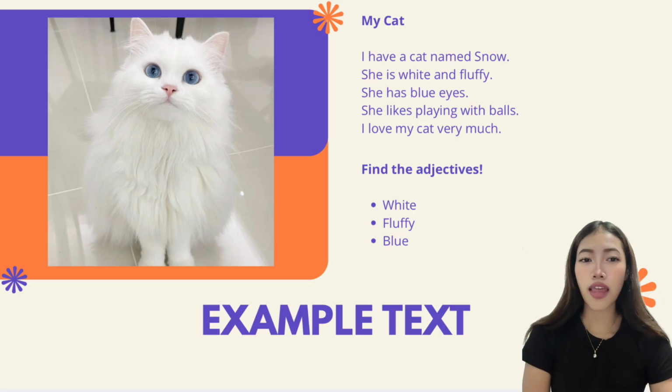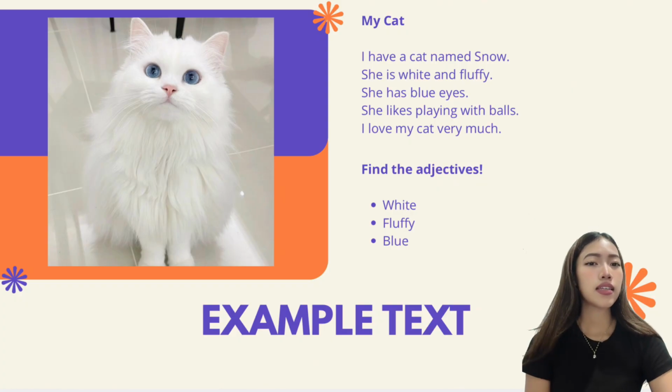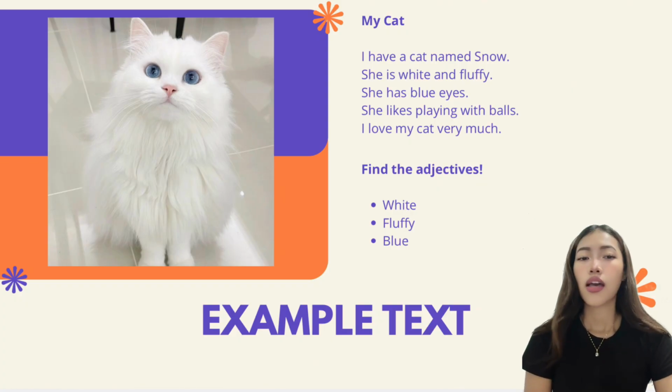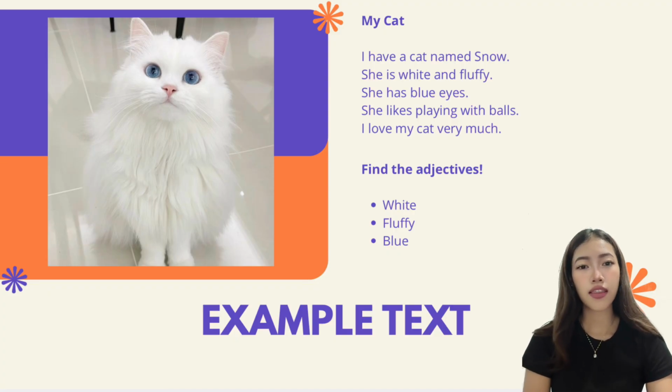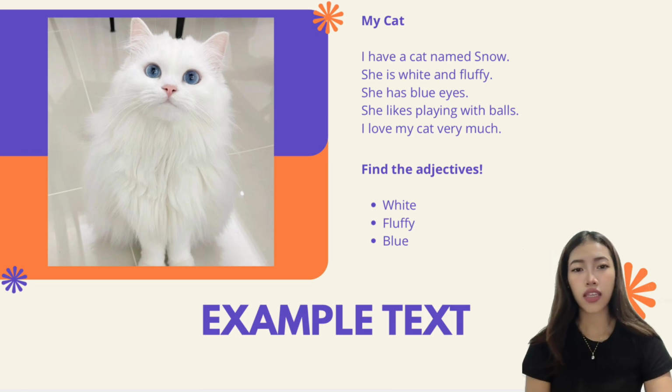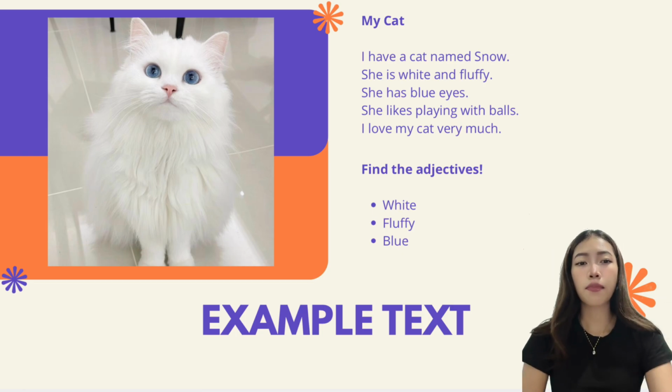After reading this text, we can easily imagine what Snow looks like. Notice that the writer used simple present tense and many adjectives like white and fluffy. These words make the description more interesting and easier to understand.